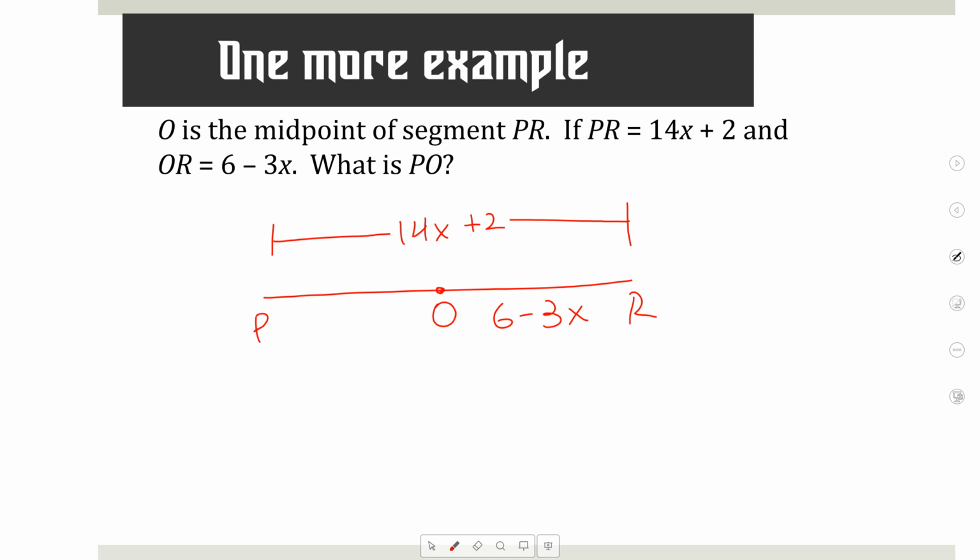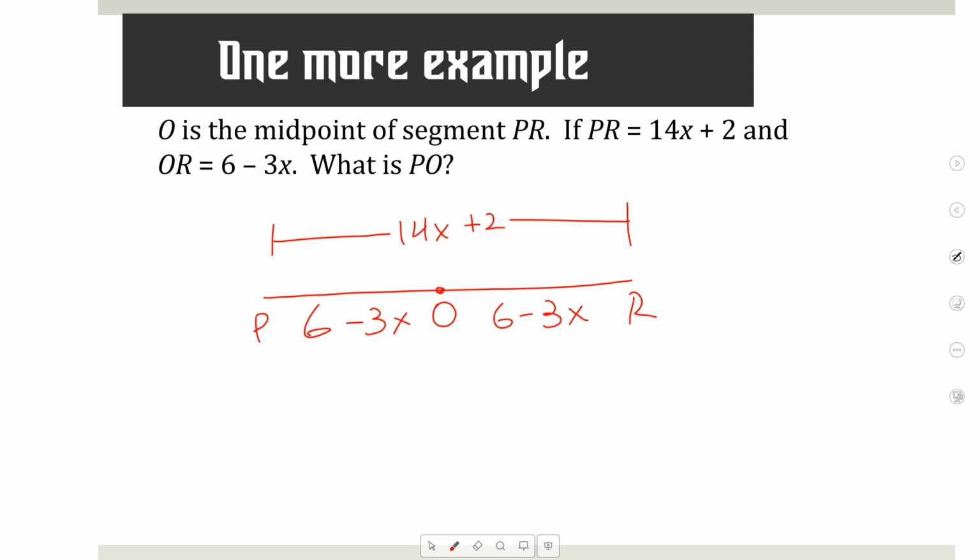Okay, so now this is where we diverged into all the different methods. One group said, well, wait, if O is the midpoint, what does that tell you about the segment PO? Martha? The same thing as OR, right, so it's 6 minus 3x. Okay, great. Where did you go from there, Martha? We did 2 times 6 minus 3x. Yeah, and I'm going to write it a different way because I think it's easier to see.